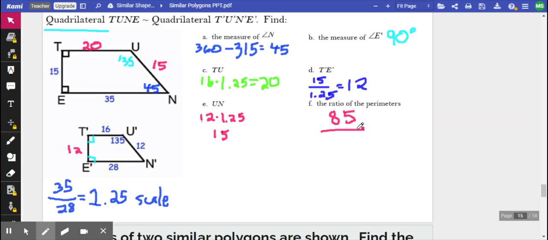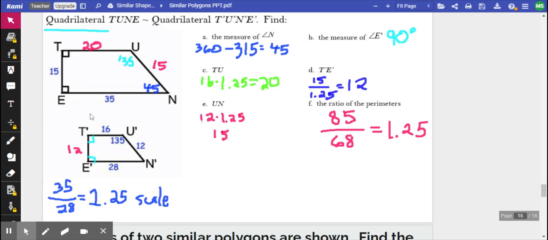And then the perimeter of our smaller shape would end up as 68. If we do 85 divided by 68, we end up with an answer of 1.25, which is equal to our scale factor. And we've shown that the perimeter also follows along with our rules about similar proportional sides, and it is also proportional.